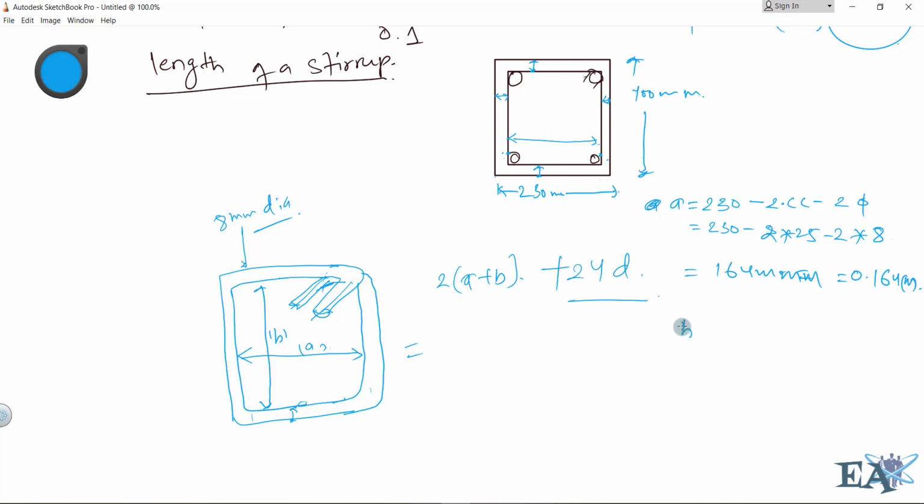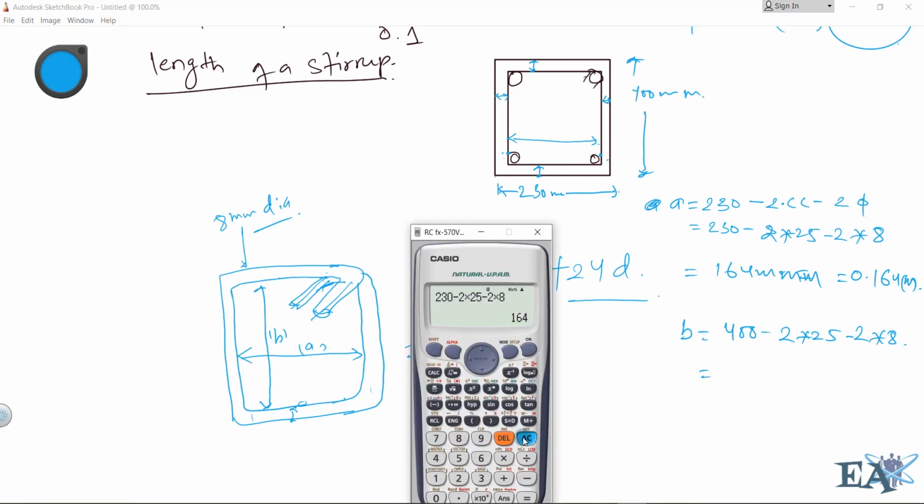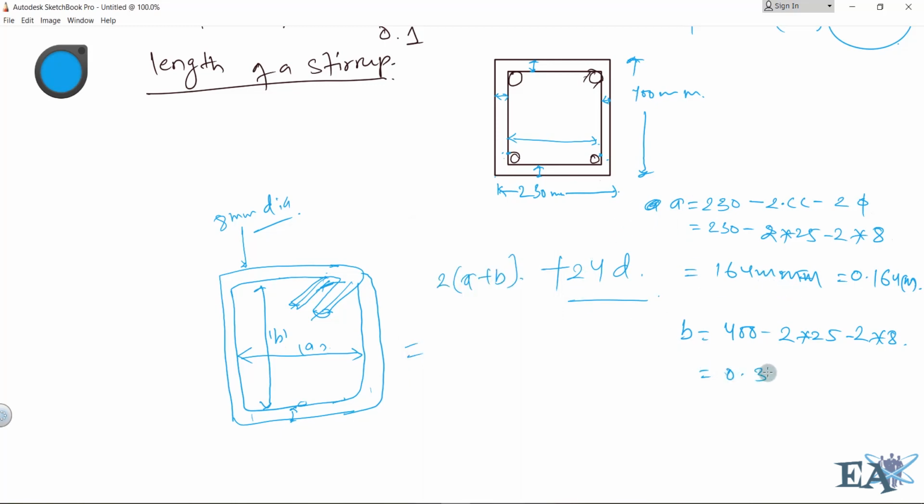Similarly, if I find B is equal to 400 minus 2 into 25 minus 2 into 8, using the same concept, 334 mm is equal to 0.334 meter.